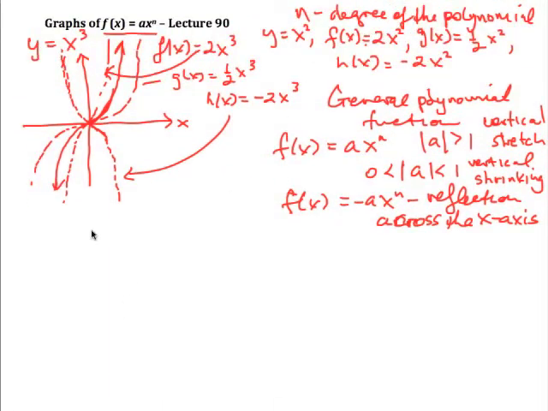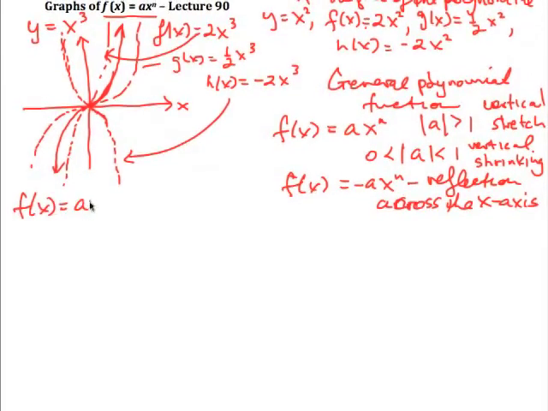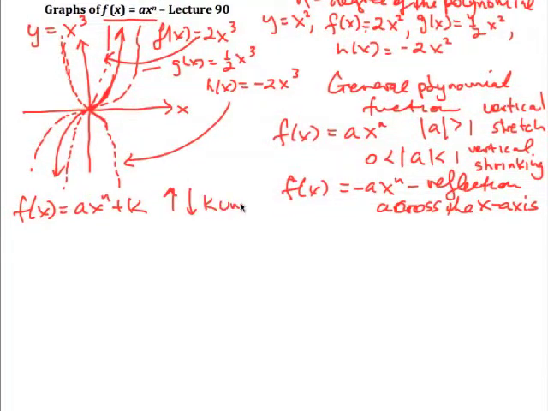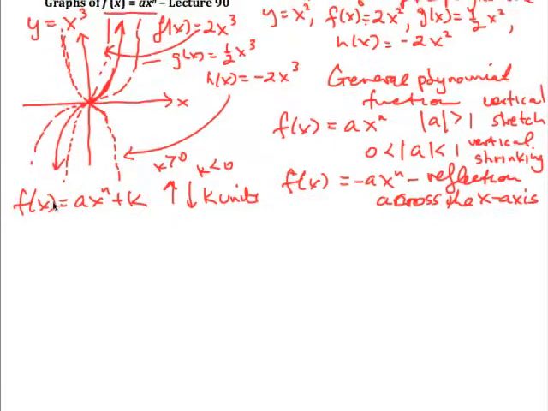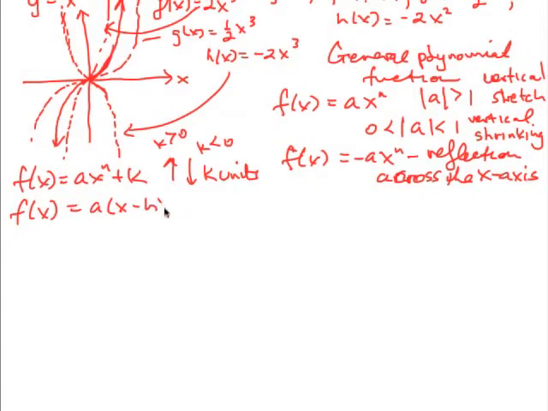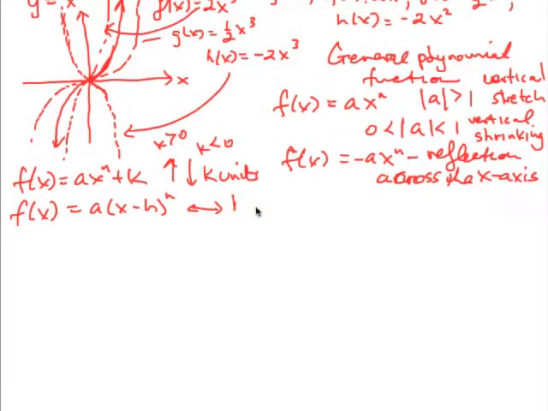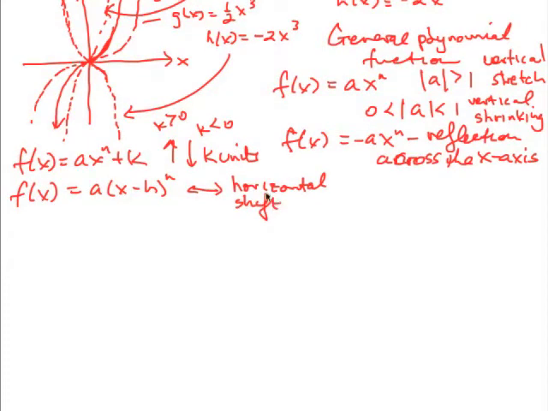So if I look at all kinds of translations of this, for example, if I have f of x equals ax to the n plus k, that will move it up or down k units, depending on whether k is positive or negative. Right, it'll be up when k is positive, and it'll be down when k is negative. Okay. All right, what if we have something like f of x equals a by x minus, say, h to the n? Then we're going to have a horizontal shift or translation.